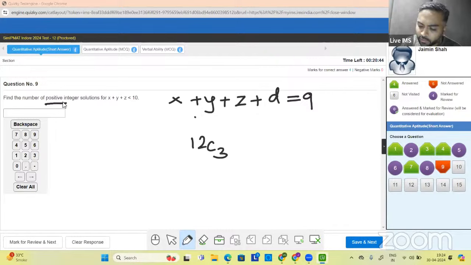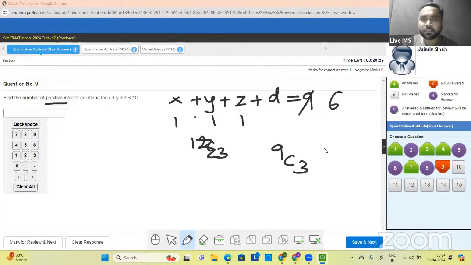Find the positive integer bola hai, so it won't be this. Basically I'll give 1 to each, so now this becomes 6, and now I'll apply 3 partitions. So 6 plus 3 is 9c3 ho jayega. 9c3 will be 9 8 7 by 6. 9 8 is 72. 72 divided by 6 is 12, and 7 12 is 84.